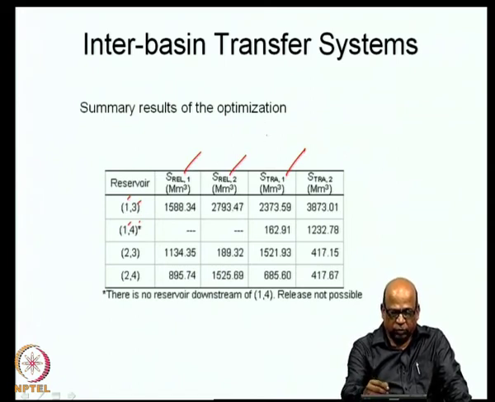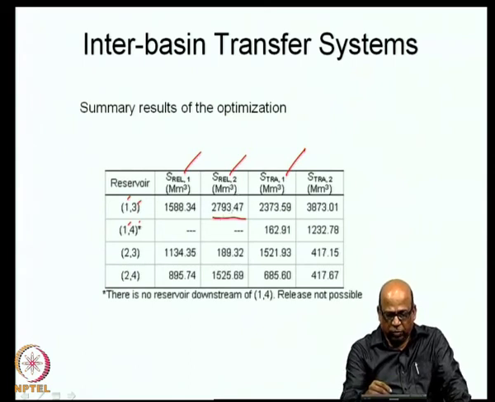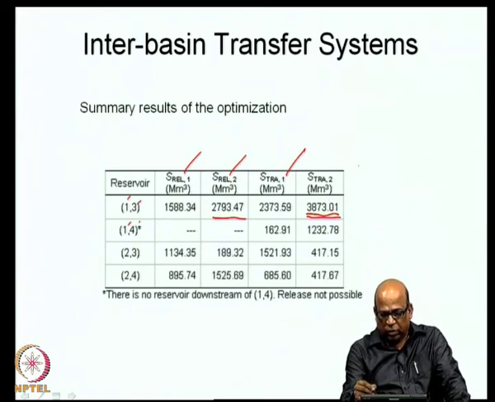So, this is we are saying at the reservoir 1, 3, the SREL2 will be 2793 million cubic meter, which means only when you cross this storage, you start releasing. Similarly, if you cross this storage 3873 million cubic meters, then you consider the transfer.